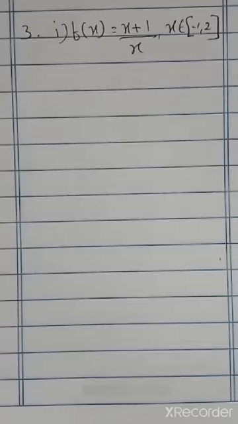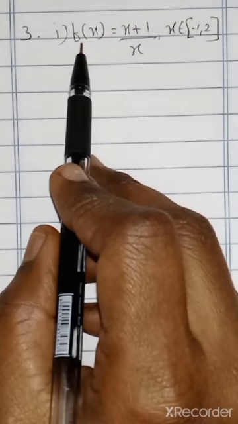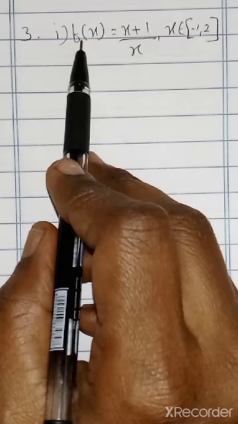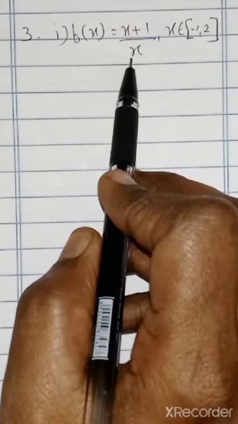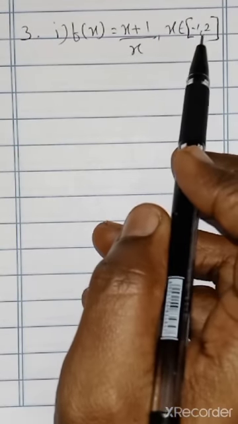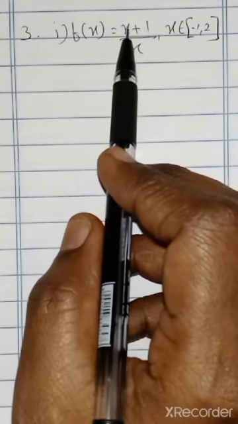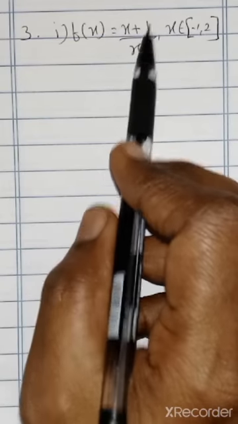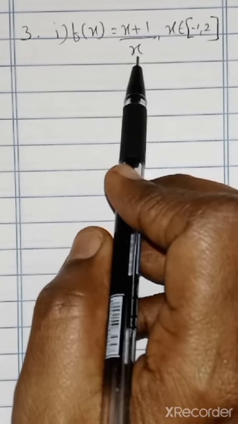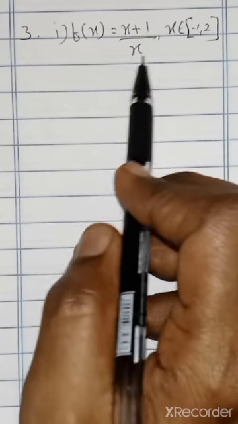Okay, so your first subdivision is f of x equal to x plus 1 by x, where x belongs to minus 1 comma 2. Now tell me why Lagrange mean value theorem is not applicable. Yes, it is not continuous at x equal to 0, because when you put x equal to 0 this will become infinity.